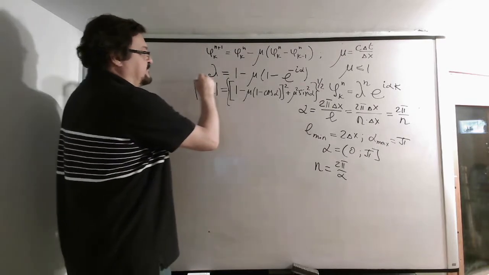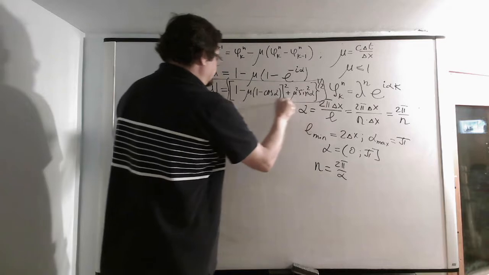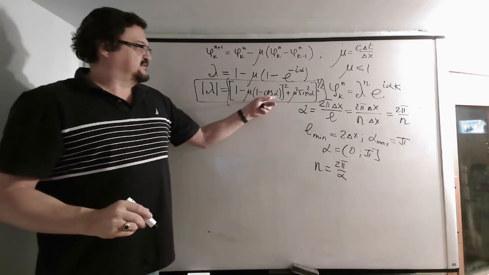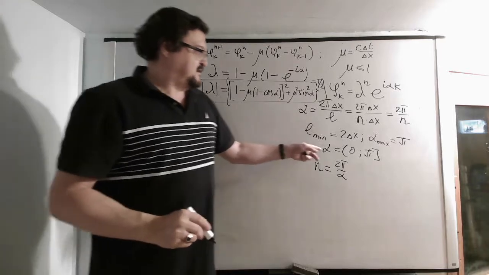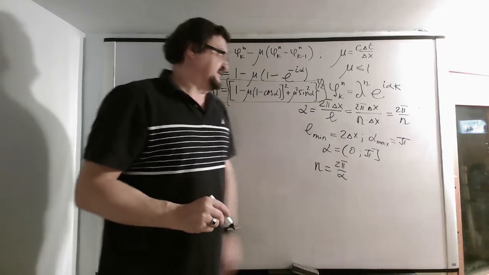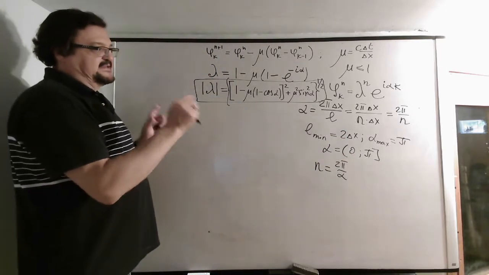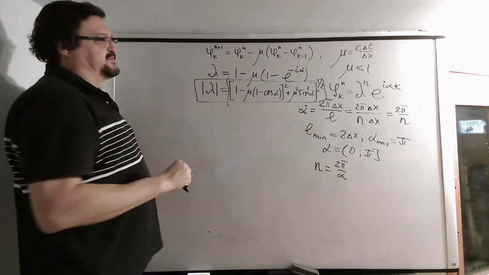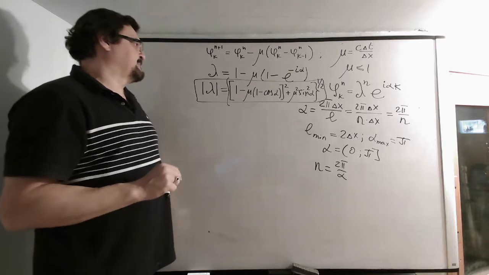So this is the amplitude. You see that the amplitude is a function of alpha, and alpha depends on wavelength, or how many grid spacings you need to represent that particular wavelength.